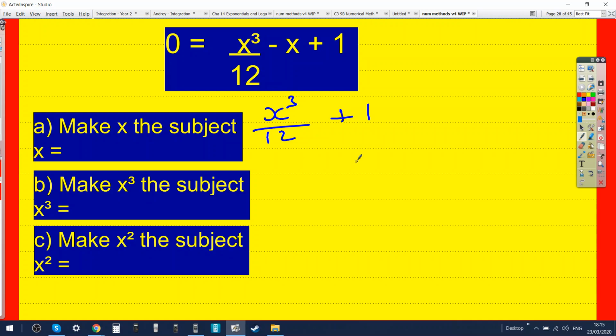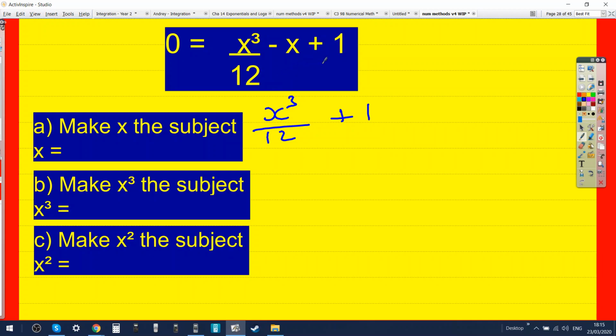How would you make x cubed on one side by itself? So then it is x minus 12 equals x cubed. Yes. So that will be. No. Hang on.